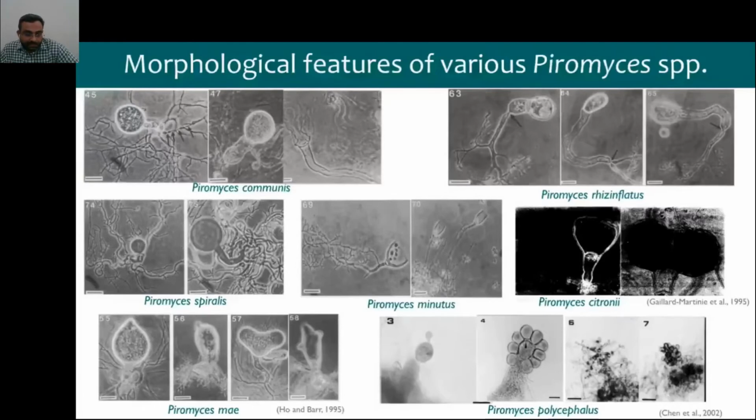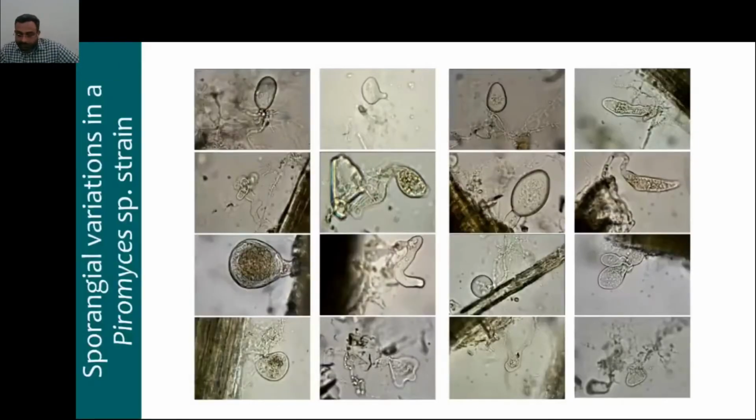In Pyromyces mae, it was these multiple papillated structures, while in case of Pyromyces citronii, it was the ability of this particular fungus to produce a multisporangiate thallus. As we can see, there are two distinct sporangia. Later, another Pyromyces species, polycephalus, was published, however, the validity and identity of this particular fungus is still debated.